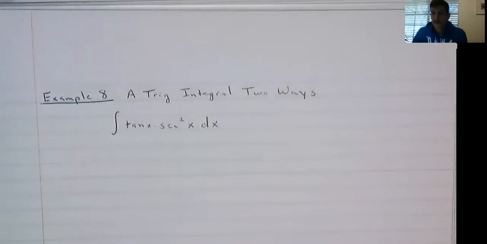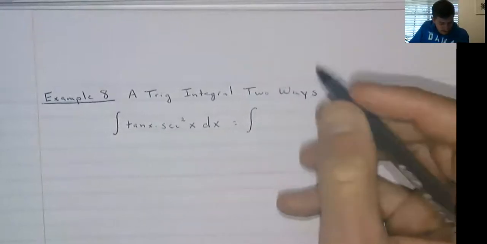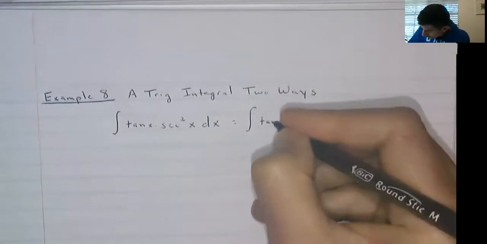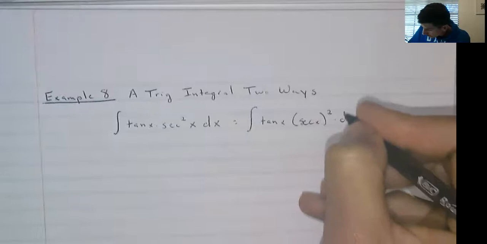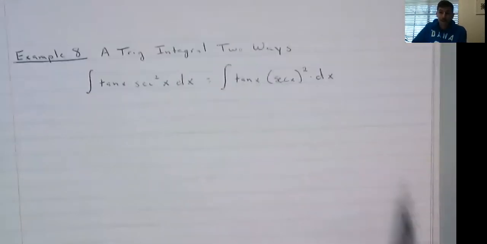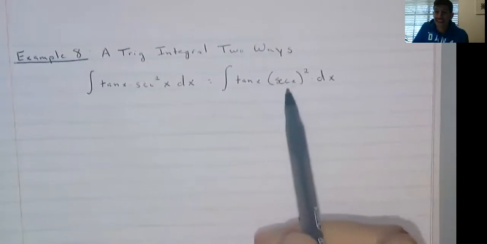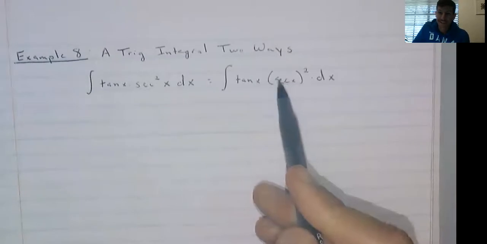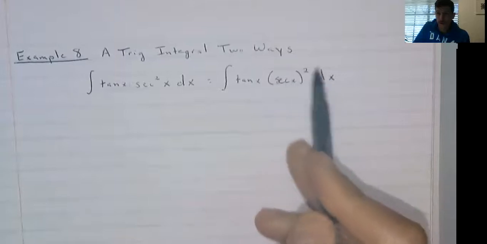Now, if we're following our choose-the-innermost-function method, it might help to write this as tangent of x times secant of x, squared, dx. Hopefully the obvious choice to you would be secant of x, because that is clearly inside of a composite function, is the innermost function, where the outermost function is this square function.